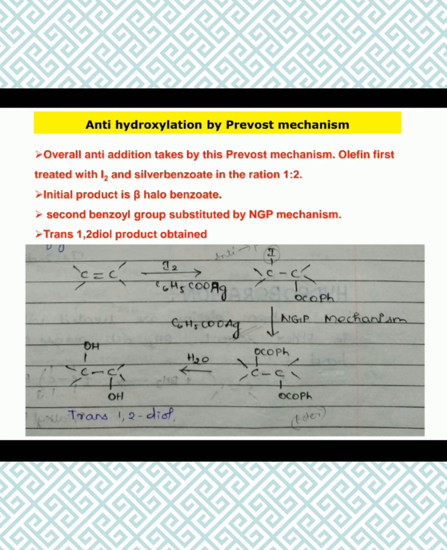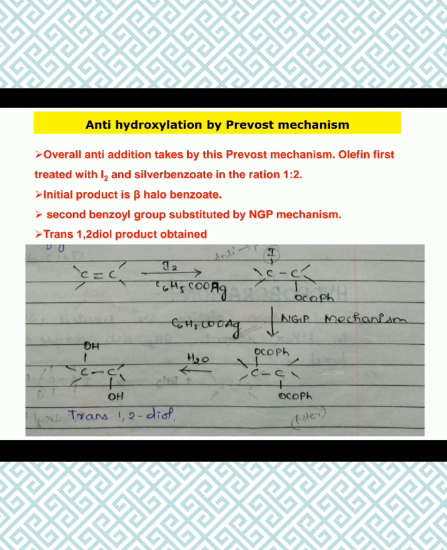In this Prevost mechanism, we are using iodine and silver benzoate in the ratio 1 is to 2. When alkene reacts with iodine and silver benzoate in the ratio 1 is to 2, we get the product trans 1,2 diol. That means anti-hydroxylation takes place.